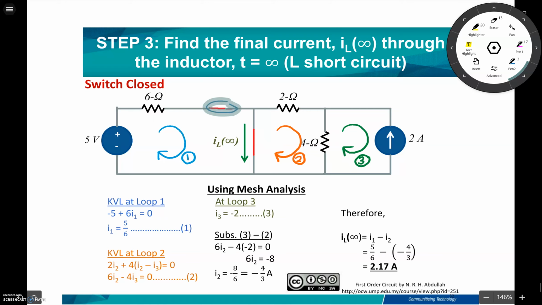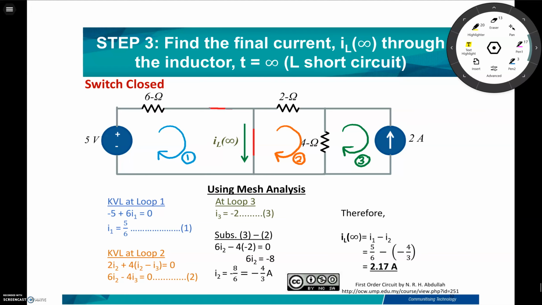This is the circuit at t equal to infinity. You can see that there are wires in between the loops, so mesh analysis is the most suitable method in order to find the IL infinity.